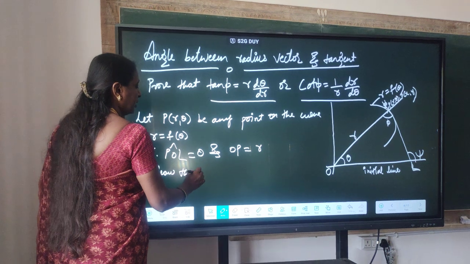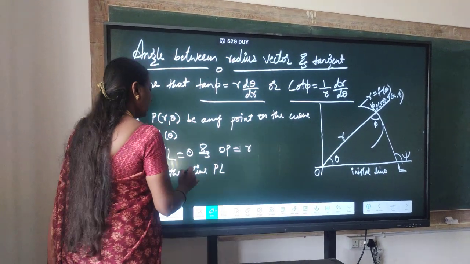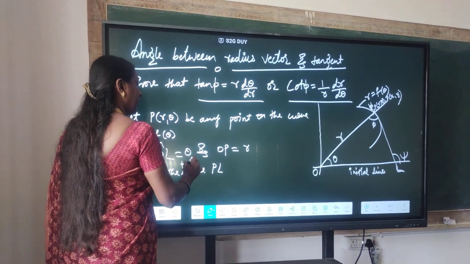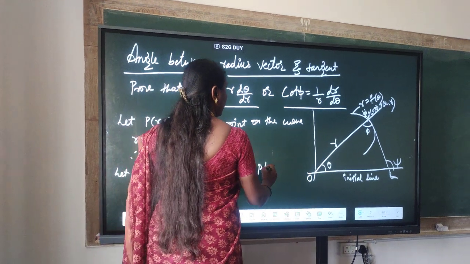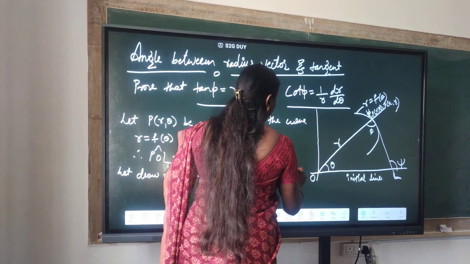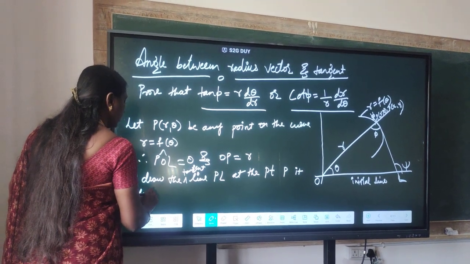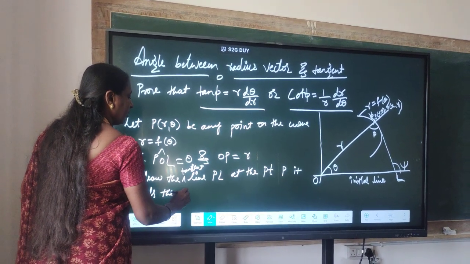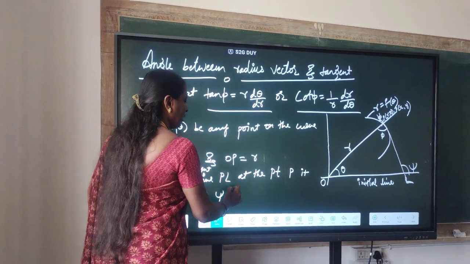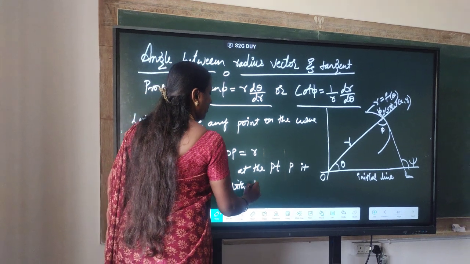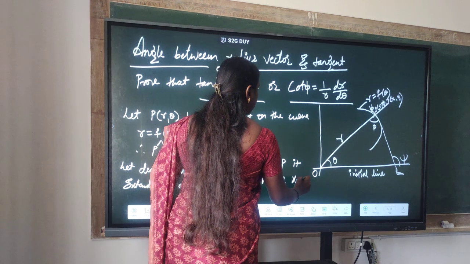Let's draw the line PL. Let's draw the tangent line PL at the point P. It extends the angle psi with the positive x direction.